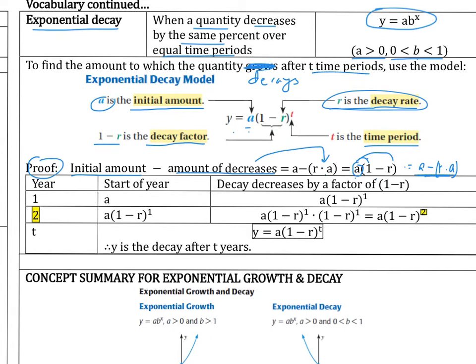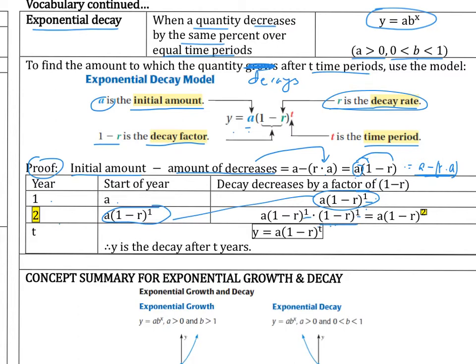So for year 1, we will begin with a, and we will multiply that by the decay factor 1 minus r to the first power, because it's for one period or 1 year. And after 2 years, we have to begin with where we left off from last year, and then multiply that by another decay factor of 1 minus r to the first power.